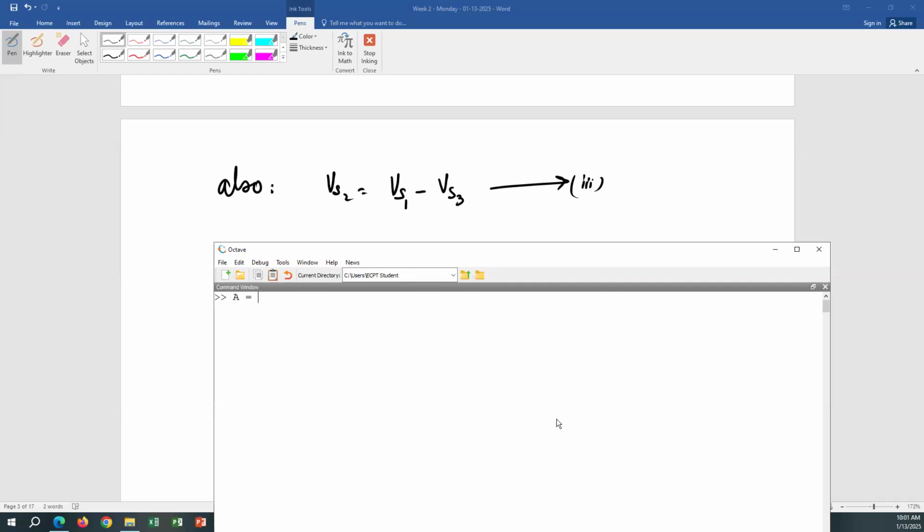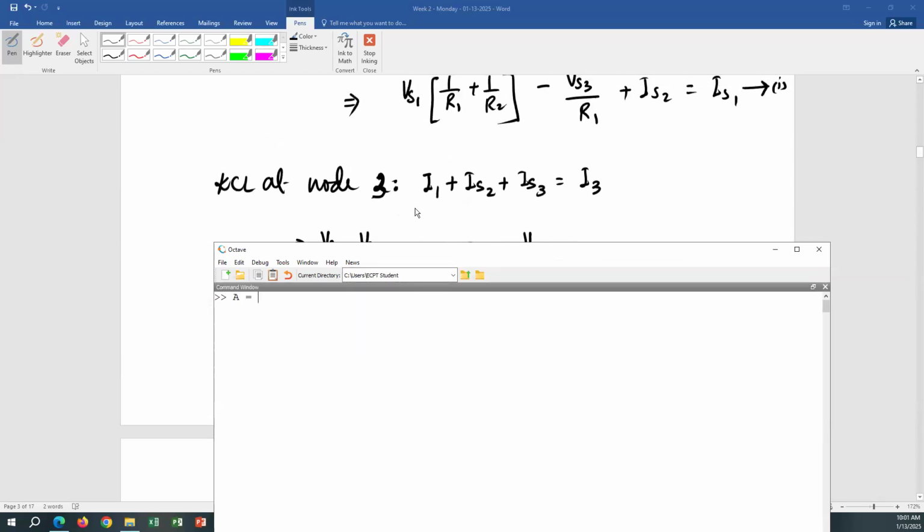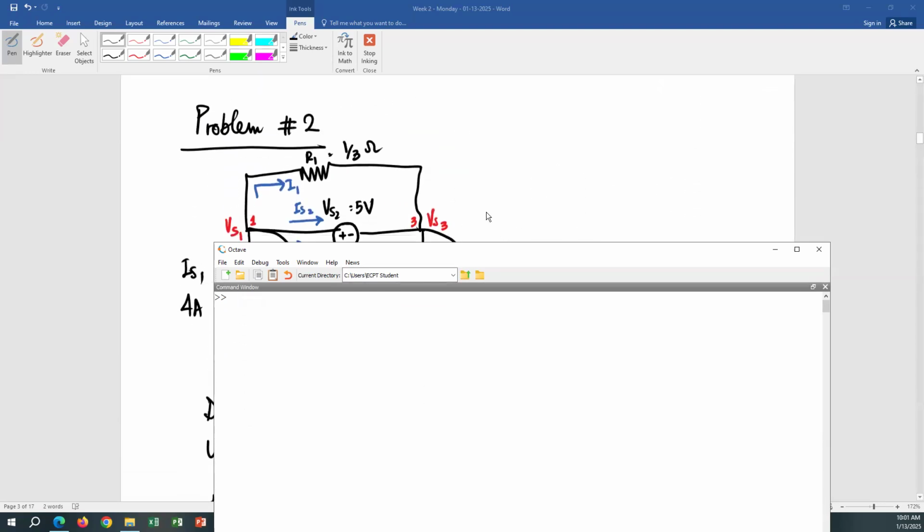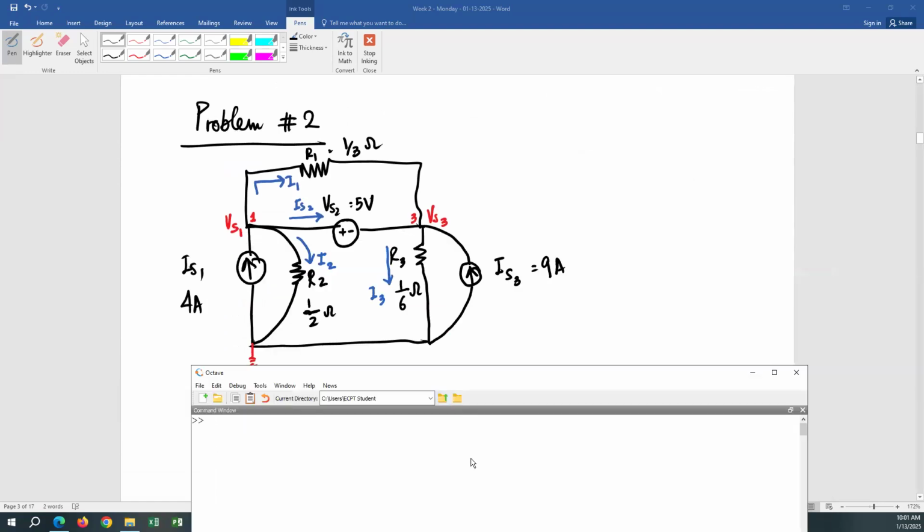Okay, my matrix A from the coefficients of VS1, VS3, and IS2. I have to assign the values of all the variables first. So IS1 is equal to 4.